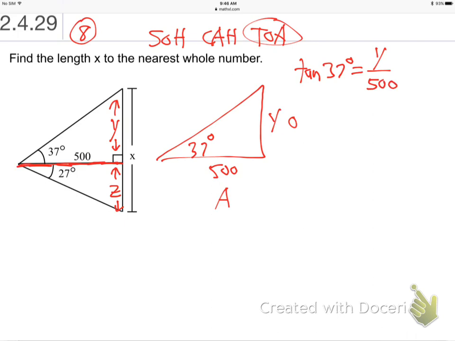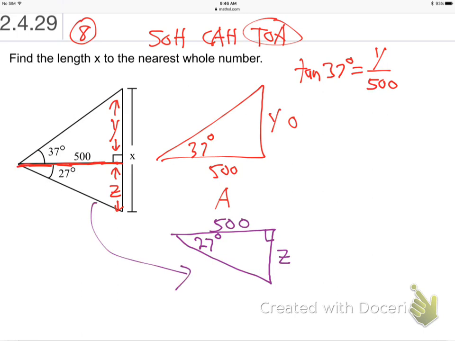Everybody seeing that? It's two triangles, isn't it? I'm just going to do each one. It's like two problems in one. And so down here now, I'll do the bottom triangle. Call this one z or whatever you want. This is 27 degrees. This is the 500. So there's the bottom triangle.